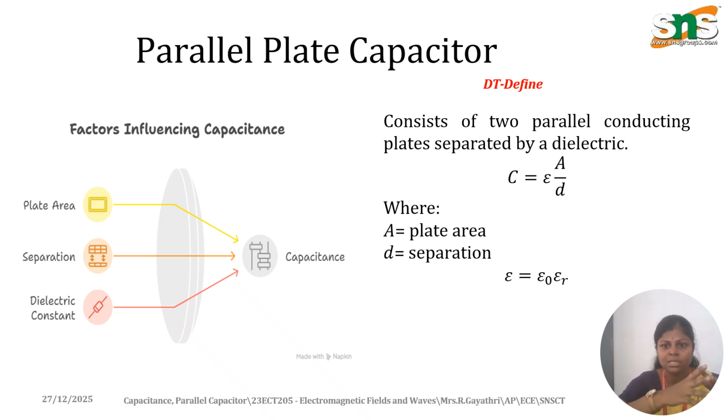A represents the plate area of the capacitor, and d represents the distance of separation between the parallel plates. Epsilon is epsilon naught into epsilon r, where epsilon naught is the permittivity of free space and epsilon r is the relative permittivity of the dielectric medium.